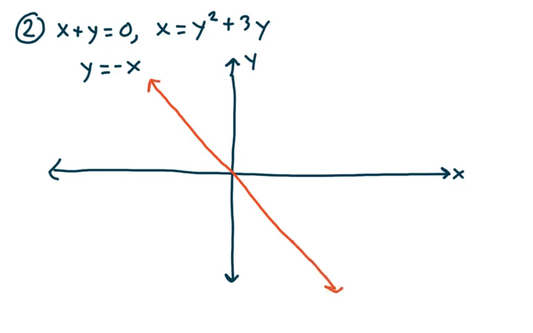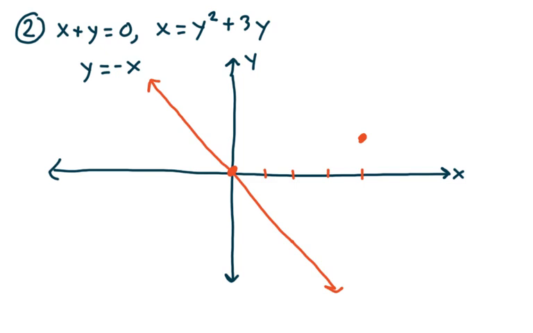Now, when y is 0, x is 0. When y is, we can say y is 1, x is 4. So I'm going to go over 4, 2, 3, 4, and I'm going to go up 1, right? So x is 4 when y is 1. Okay.